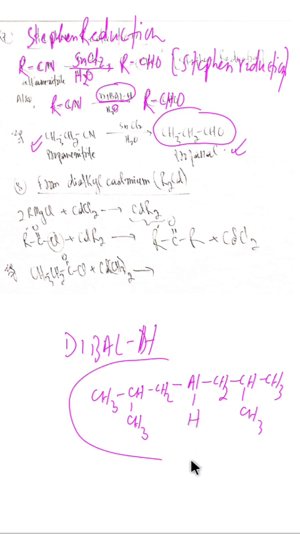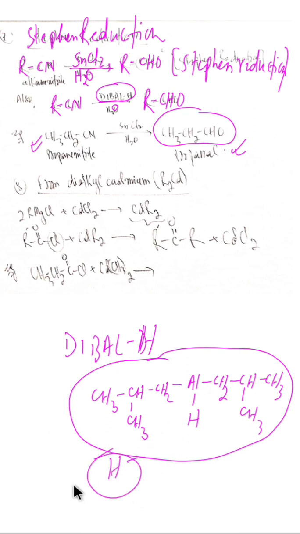So this is our diisobutyl aluminum hydride. From here hydride ion comes out to act as nucleophile. So when this alkane nitrile is reacted with DIBAL-H followed by hydrolysis, we can also obtain aldehyde. This is not Stephen reduction actually. Stephen reduction is the reaction of alkane nitrile with tin chloride followed by hydrolysis to form aldehyde.